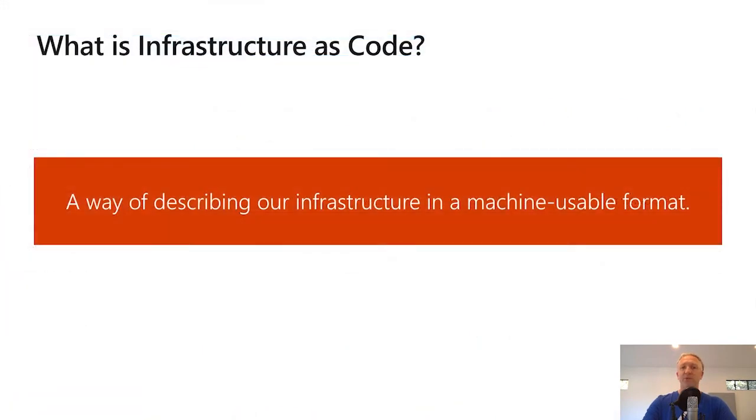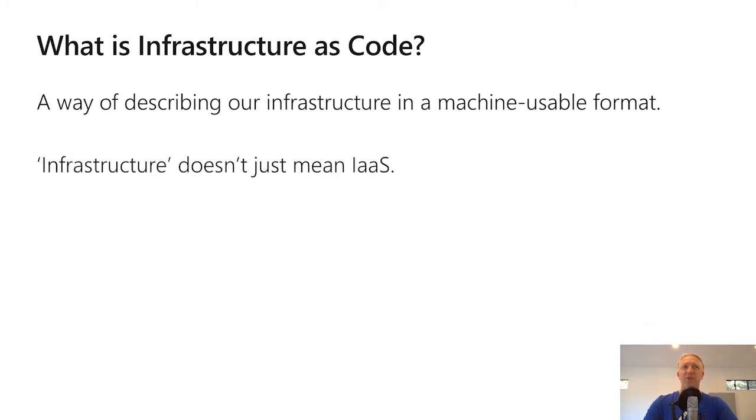So what is infrastructure as code? It's a way of describing an environment in a machine usable format. And as well as machine usable, these configurations should be human readable. When we talk about infrastructure, we don't just mean infrastructure as a service, say VMs, networks, and storage.